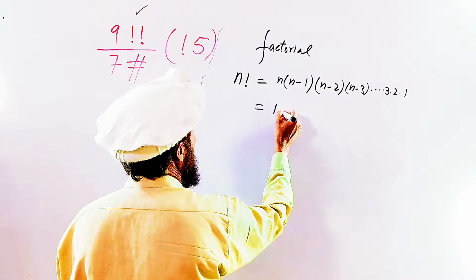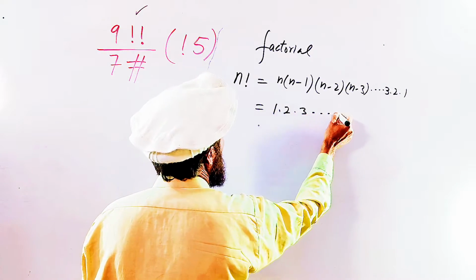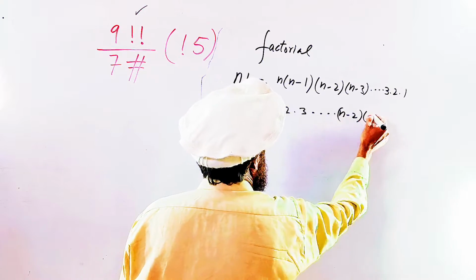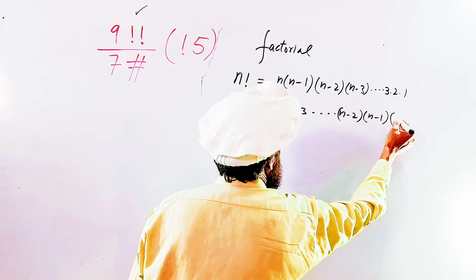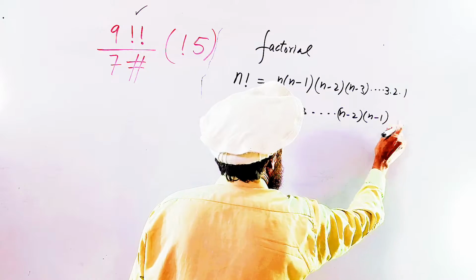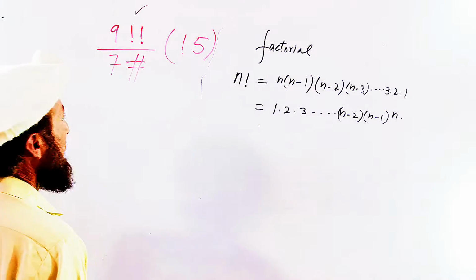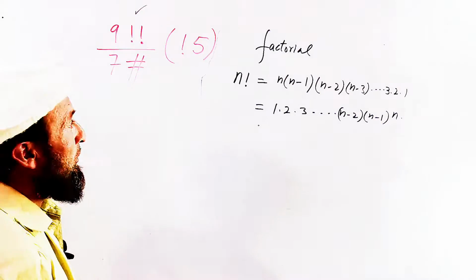We can also write this as 1, 2, 3, and so on up to n minus 2, n minus 1, and n. Now this is the single factorial.